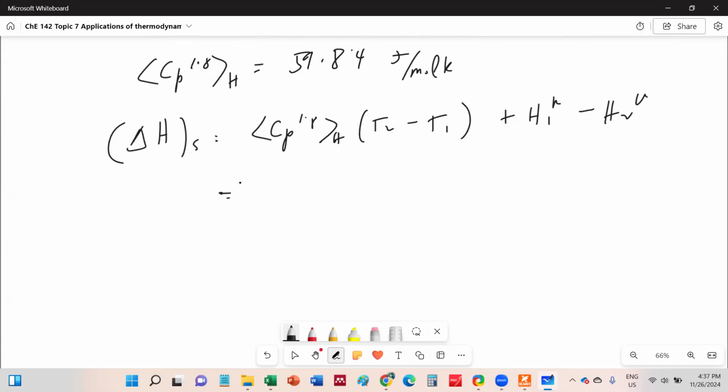CP is 59.84 times T2, 365.8 minus T1, 573.15 Kelvin, plus our H1R is negative 61, minus H2, which is, where is H2?